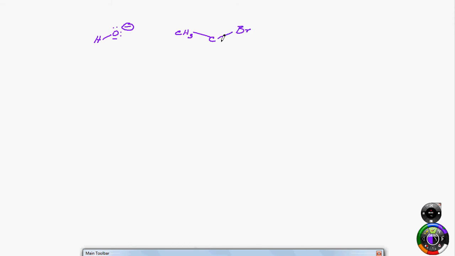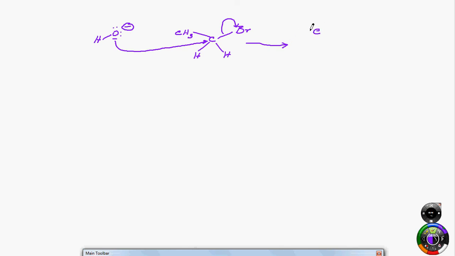This carbon carries 2 hydrogen atoms. The electron pair of oxygen attacks the positively charged carbon, and a new bond is formed between C and OH minus. Now this is the most important part of this reaction. You can see it is an irreversible reaction.